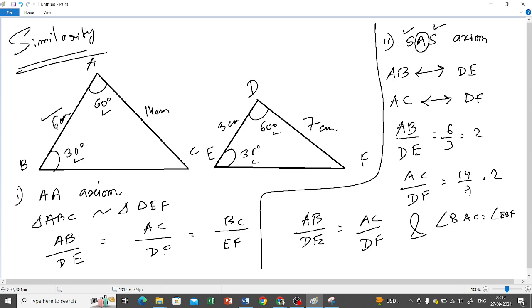Therefore triangle ABC is similar to triangle DEF by the SAS axiom. Did you understand? Yes, sir.